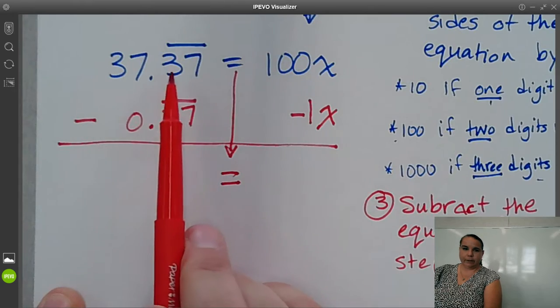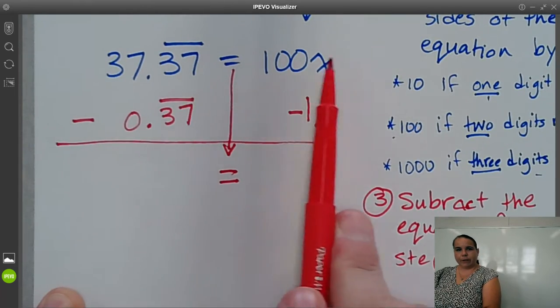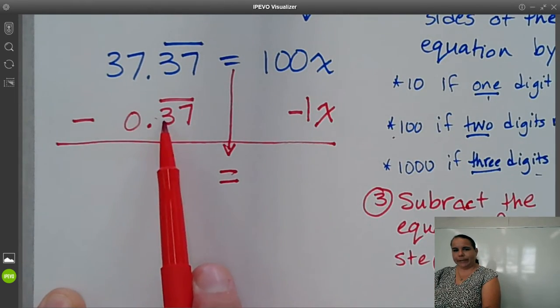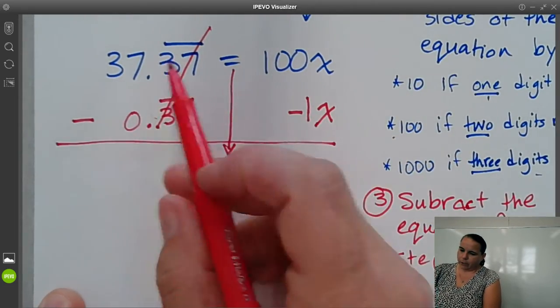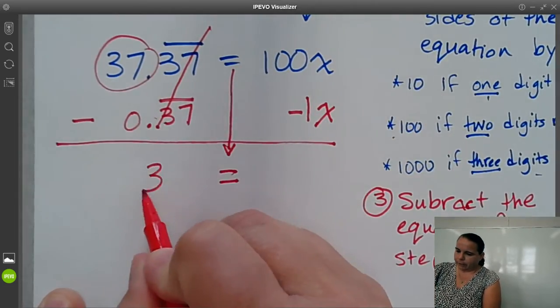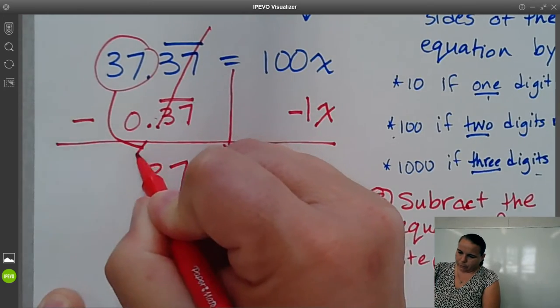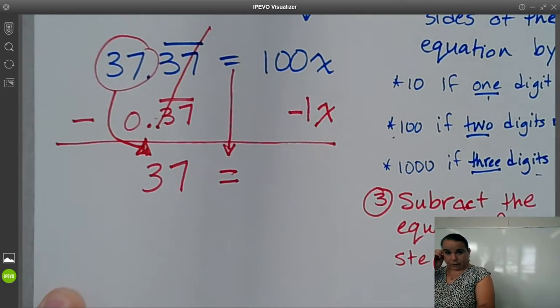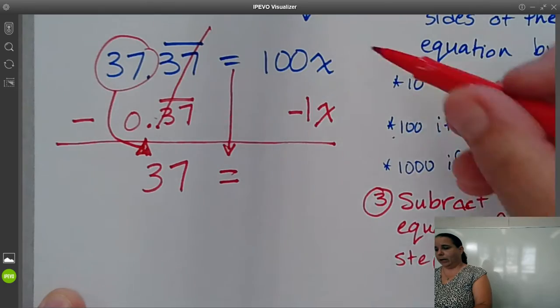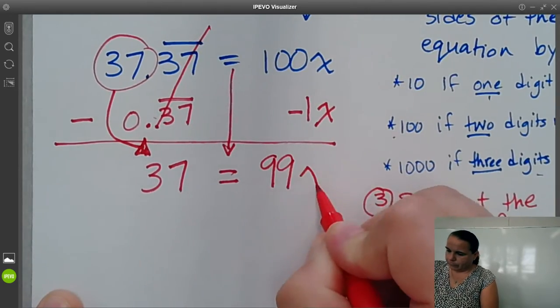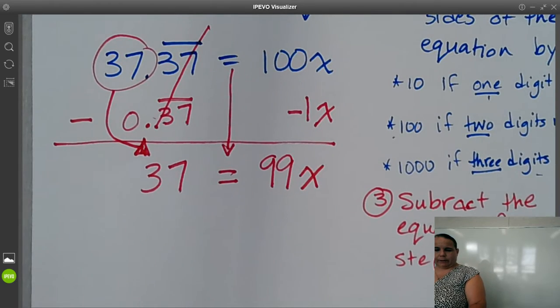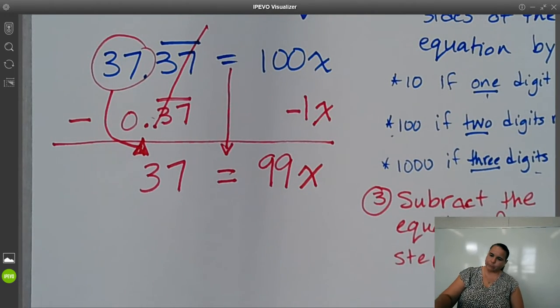Now look, this is 0.37 forever and ever, subtracting 0.37 forever and ever. These two values are going to cancel out, and all you're left with then is 37. So whatever number was in front of those decimals is canceling out. 100 minus 1 is 99. So we have 99x.